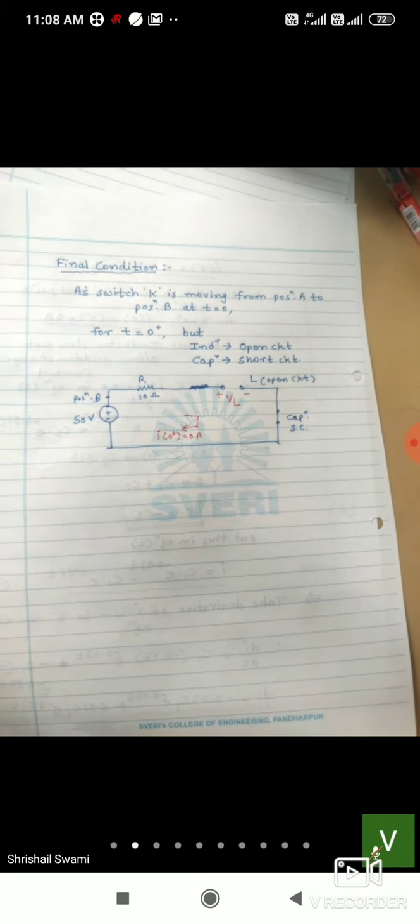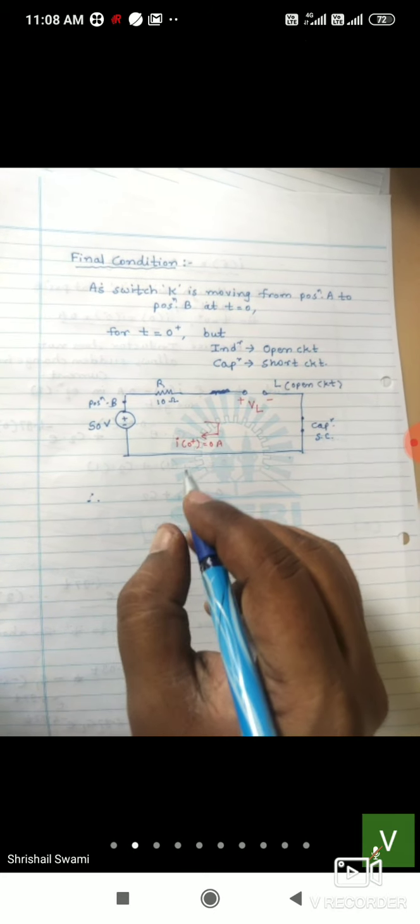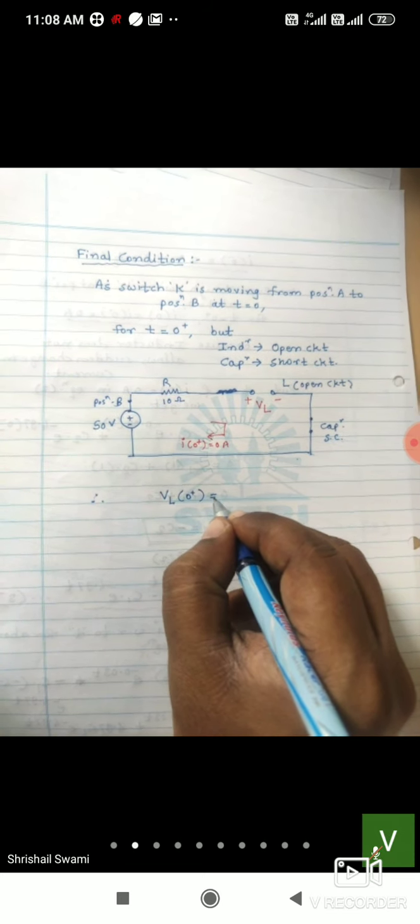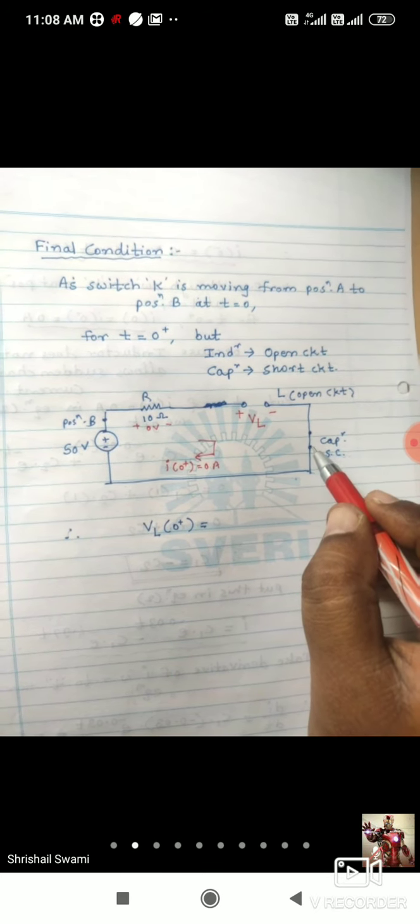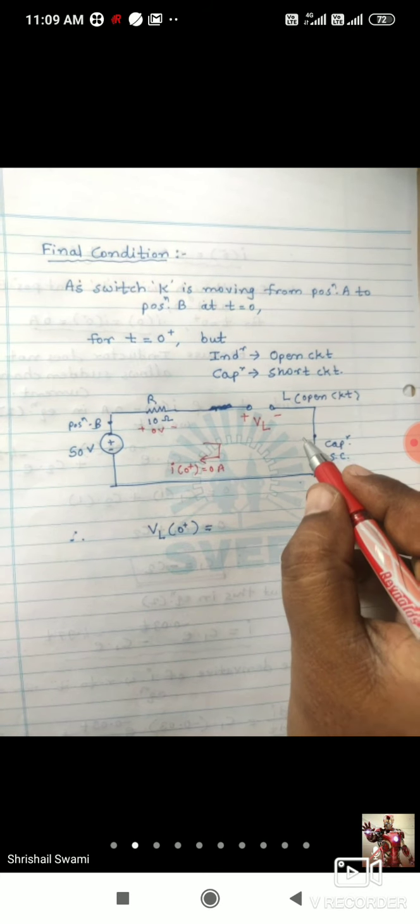Or by observation tell me what is the value of VL, VL of 0 plus, voltage across the inductor at time 0 plus. Quick. Since the current is 0, what is the voltage across this? 0 volt, right? It is R into I, so this is 0 volt. Here also the capacitor is short. Even if the capacitor is short, the value of current is 0, so what is the voltage across it? 0 volt. Or what is the voltage of a short circuit path? 0 volt. Then tell me, what will be the value of VL?